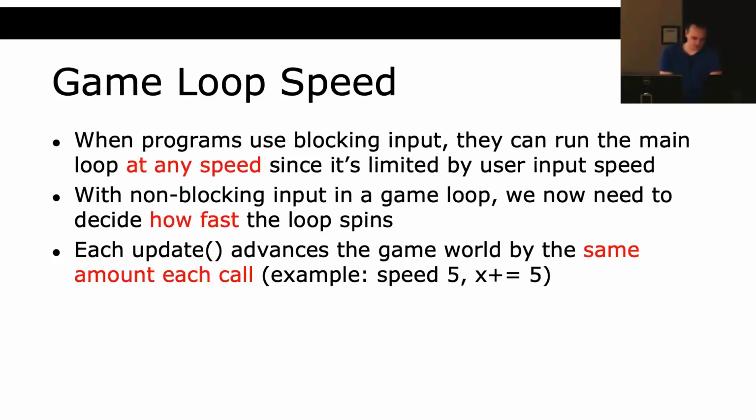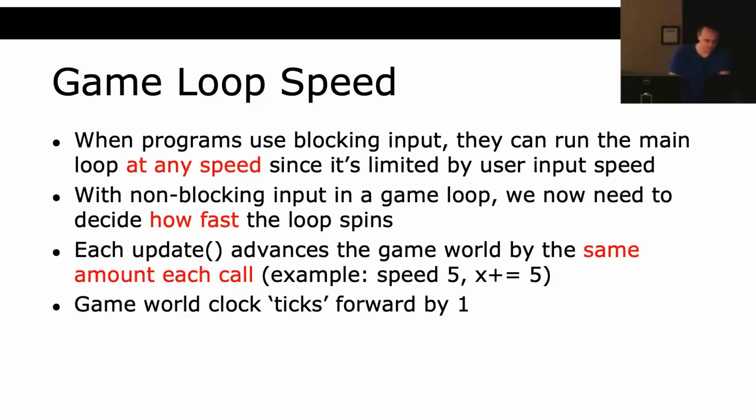If it's updated by the same amount each call, then if my main loop is running faster on one machine than another, the gameplay is actually going to be affected. If I'm running on one machine at 100 frames per second and another at 30 frames per second, the game on the faster machine is playing 3.3 times as fast. And that's not something desirable in video games.